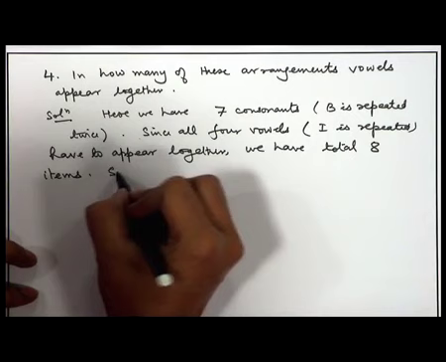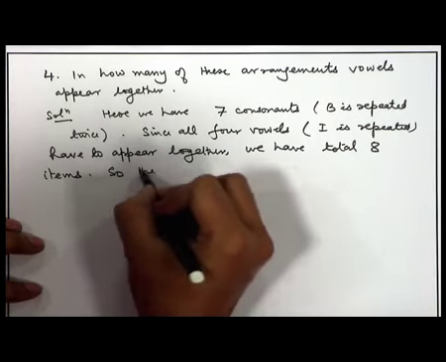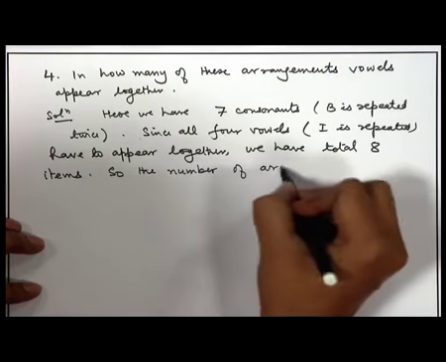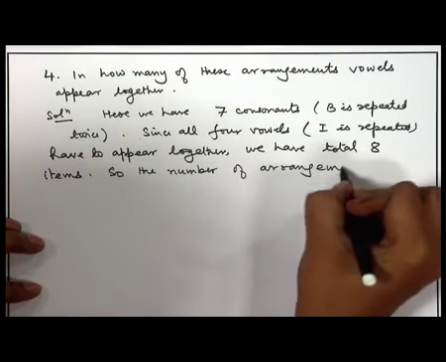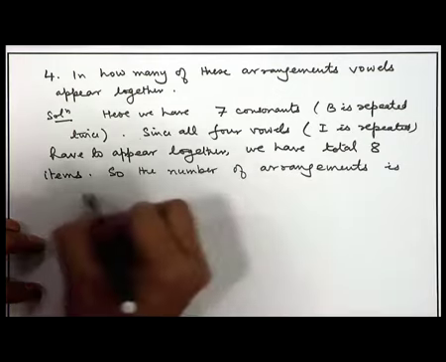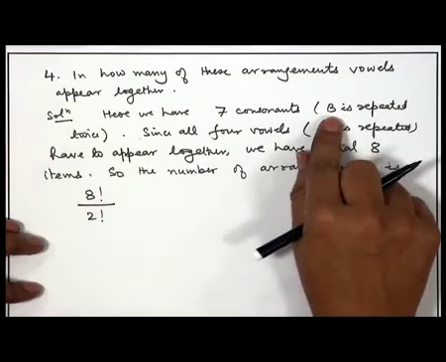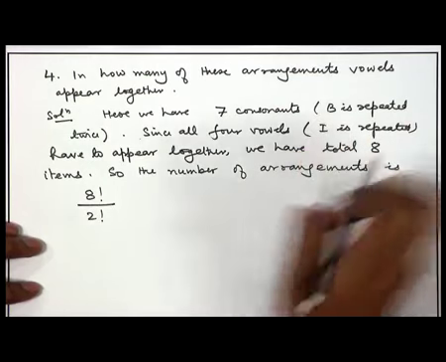So, the number of arrangements is 8 factorial divided by 2 factorial, because B has been repeated.